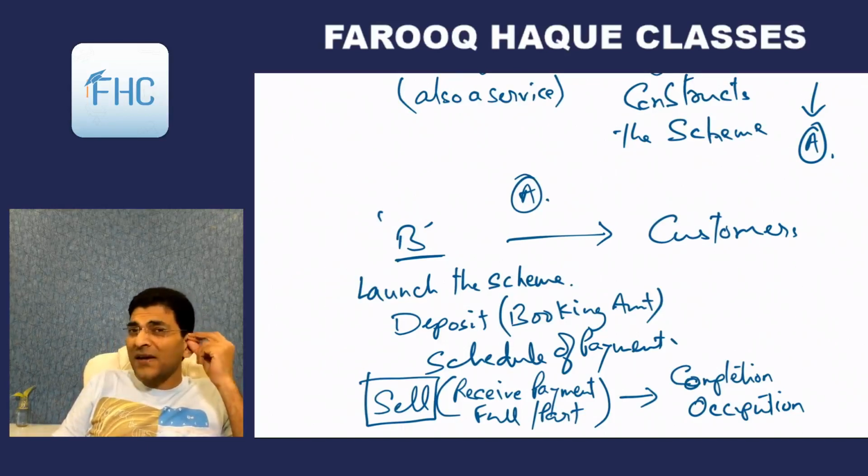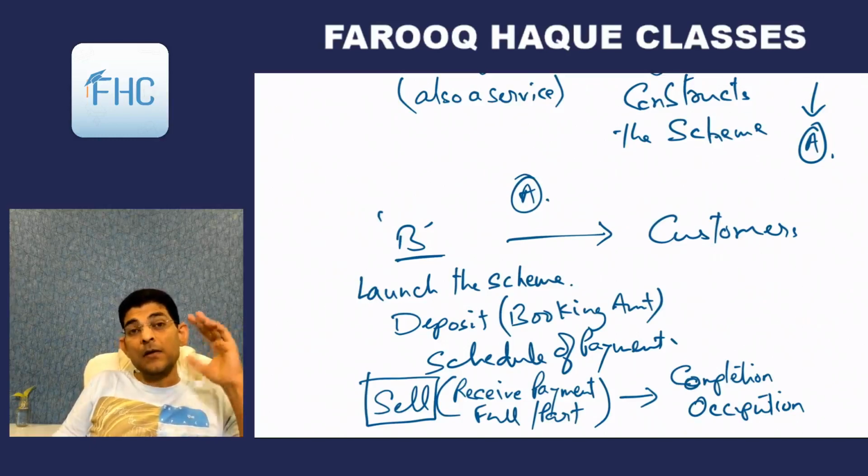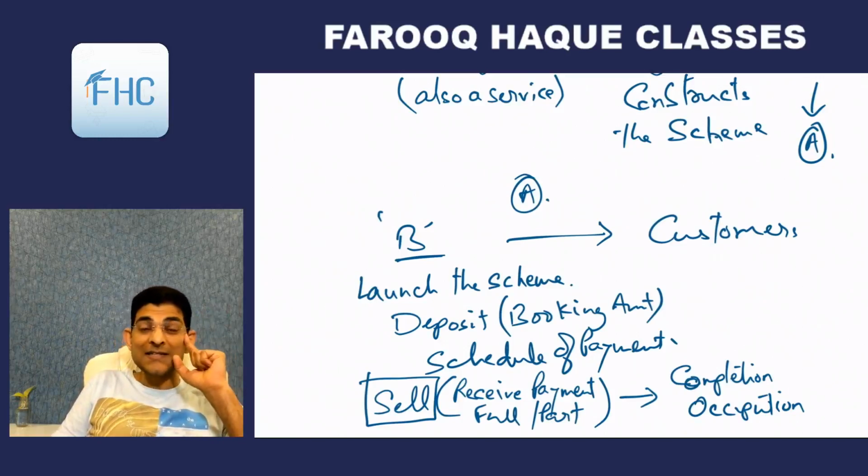But if I complete the building for myself, I am the owner of the building, I complete the full construction. For whom am I constructing? Myself. So is it a service to anyone? No. Later on, when the building is ready with a completion certificate, I sell it to somebody.